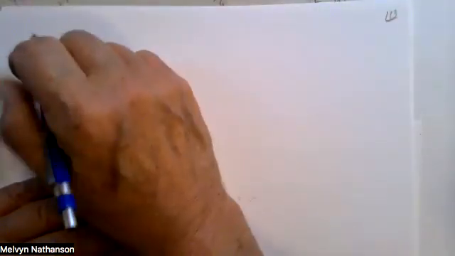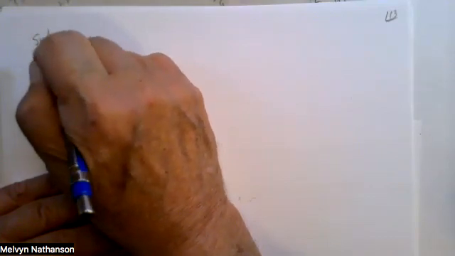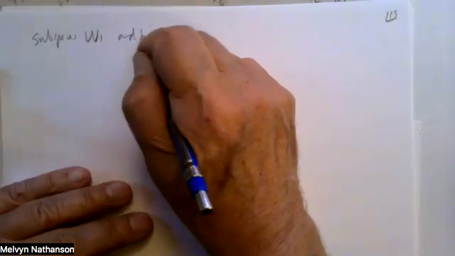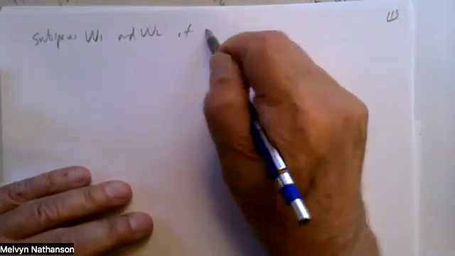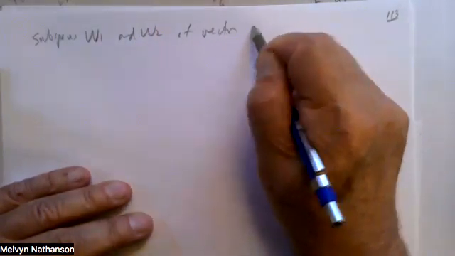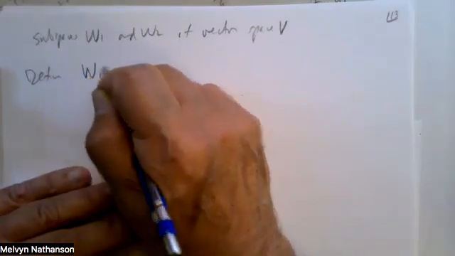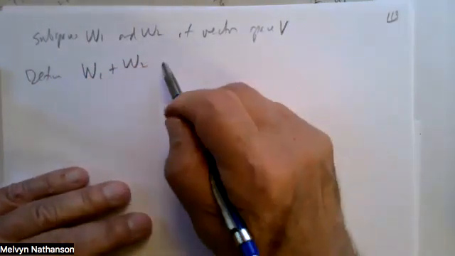So it's actually very interesting in linear algebra to see what subspaces can be constructed from other subspaces. So suppose we take subspaces W1 and W2 of the vector space V. Suppose we define the sum of these two subspaces.